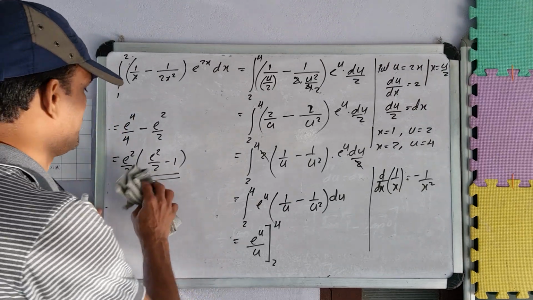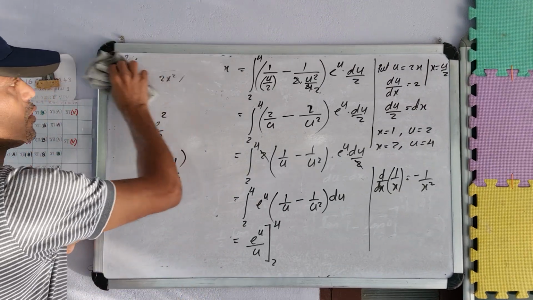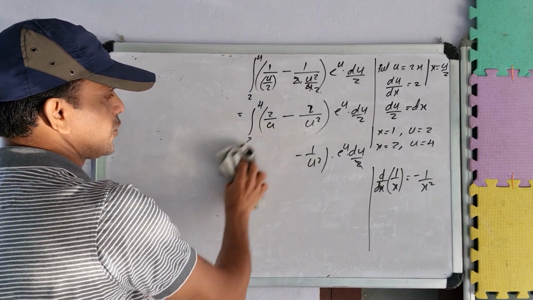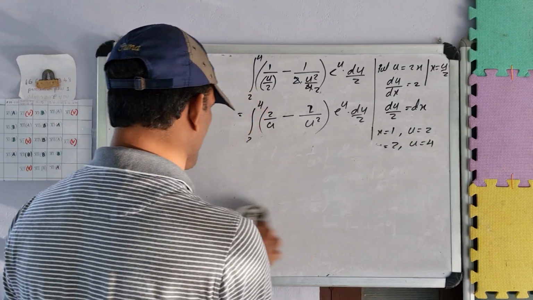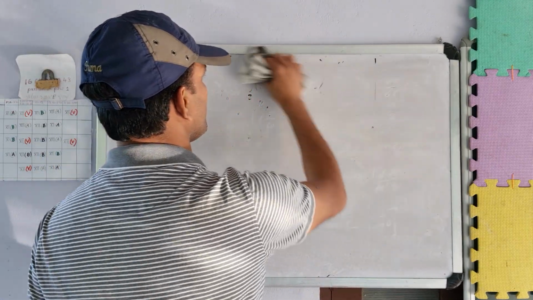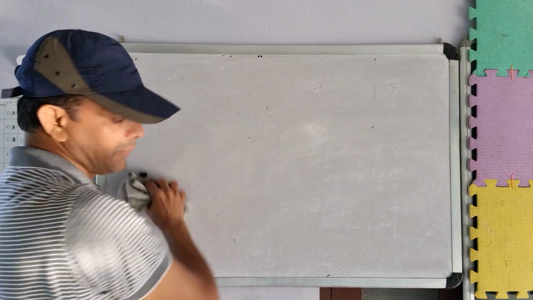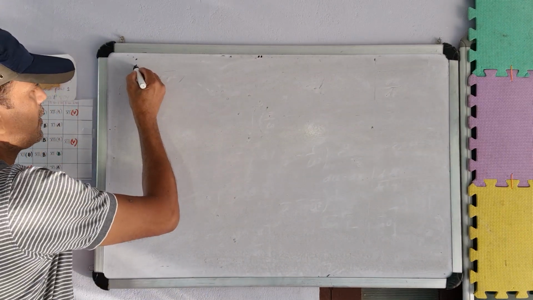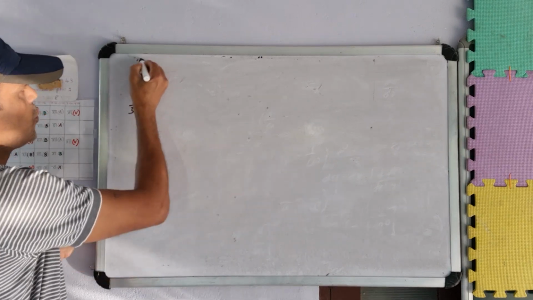And that's it. Let's solve one more problem with this topic, and then we can see we have solved every problem in this category. The problem is the integral from 1 over 3 to 1.